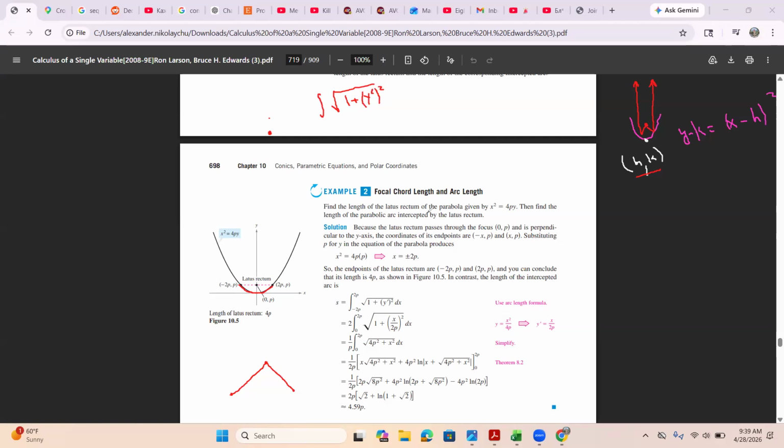So if they give you the equation of some curve, then all you need is to take the derivative. The derivative of x squared will give you 2x, so differentiate that equation with respect to the variable x.